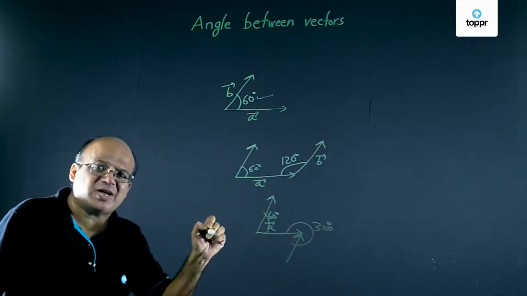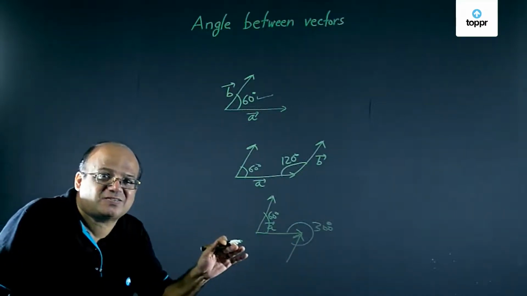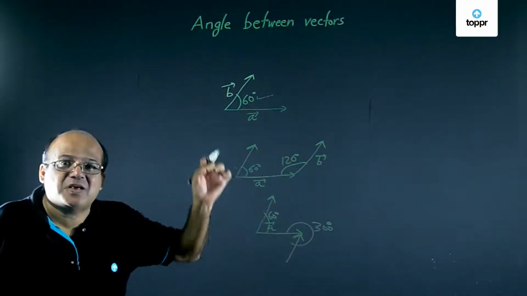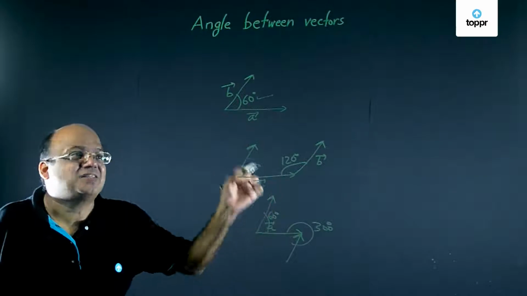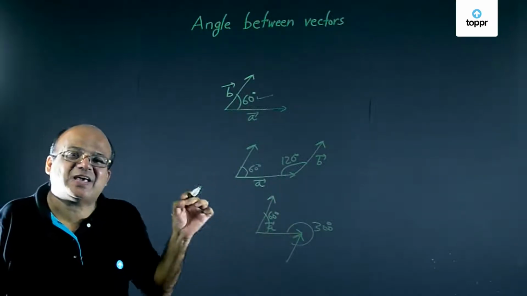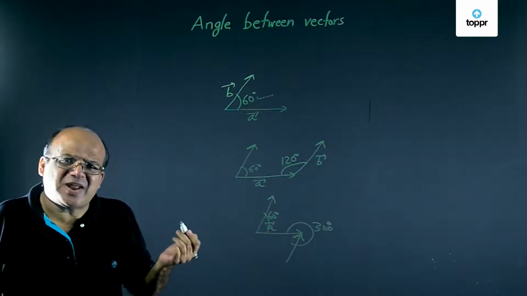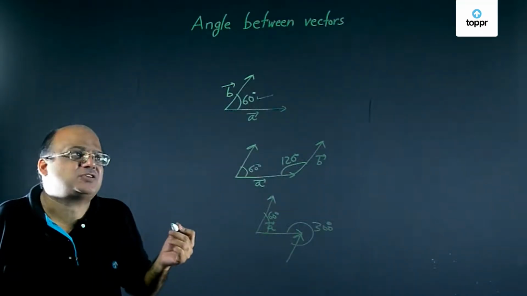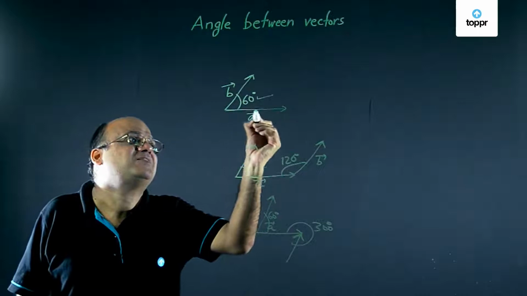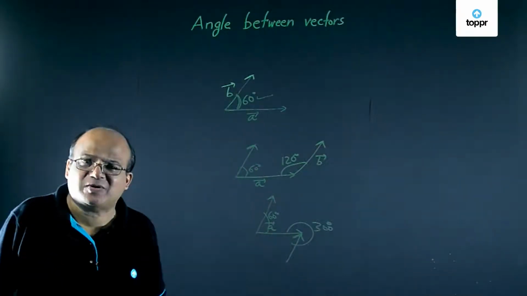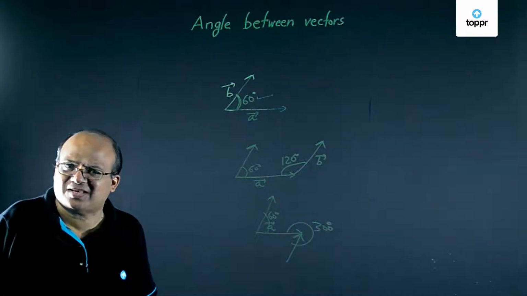So this is how we get the angle between two vectors. To find the angle between two vectors, the tails must be brought together. The smaller angle then gives the angle between the two vectors. The other way of finding this angle is, you look at the direction. This A vector is in this direction, this B in this direction, and the angle between the directions is 60 degrees.